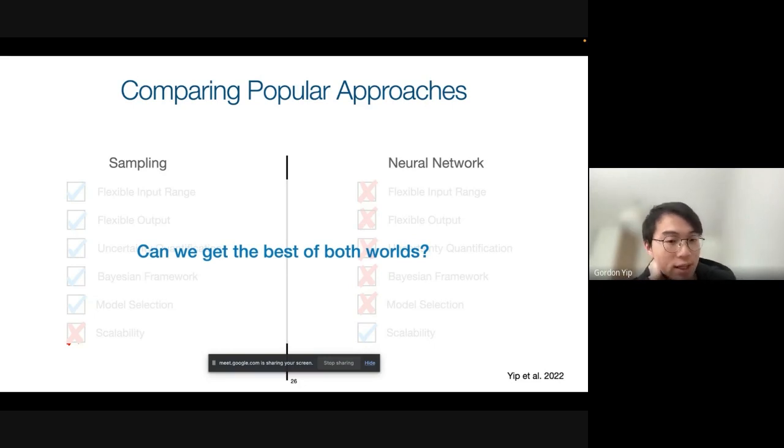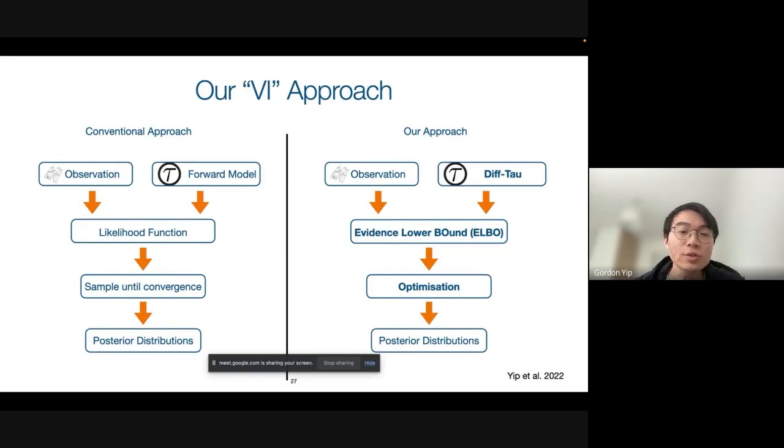And our question is, can we get the best of both worlds? Can we look at all of these pros and cons and come up with a middle ground? The way we came up with is what we call our VI approach, or variational inference approach. That's the schematic on the right, compared with the conventional approach on the left, and you can see that we swap over different things.